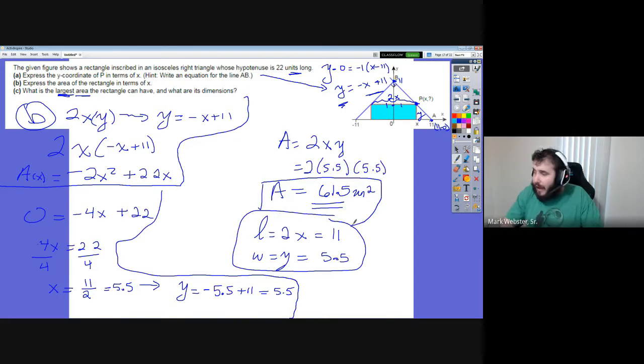So once again, I want to point out the similarity between the last problem and this problem, not just in terms of the fact that there's a rectangle, but also because we did the exact same thing again. We found an equation for what we're trying to maximize or minimize.